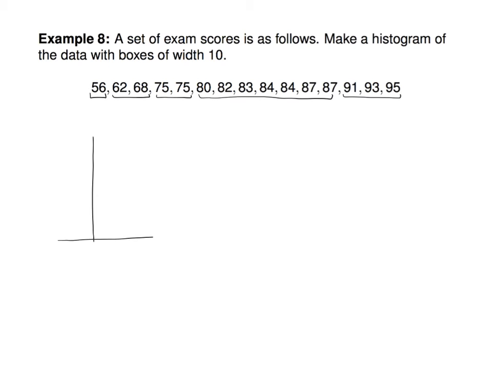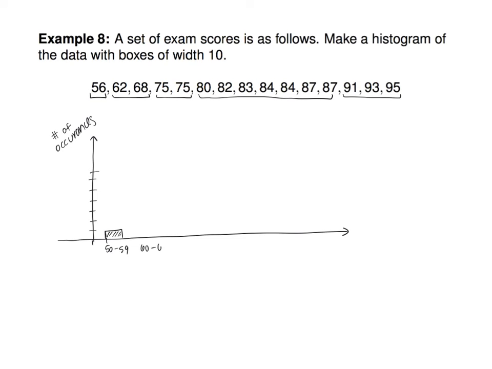Okay, so draw your two axes. So if we have 50 to 59, on this axis we'll graph the number of occurrences. So how many fell in between 50 and 59? Just 1. So the height is equal to the frequency of 1.